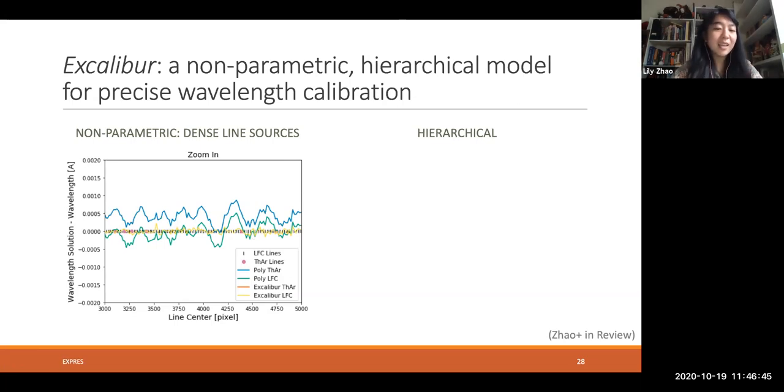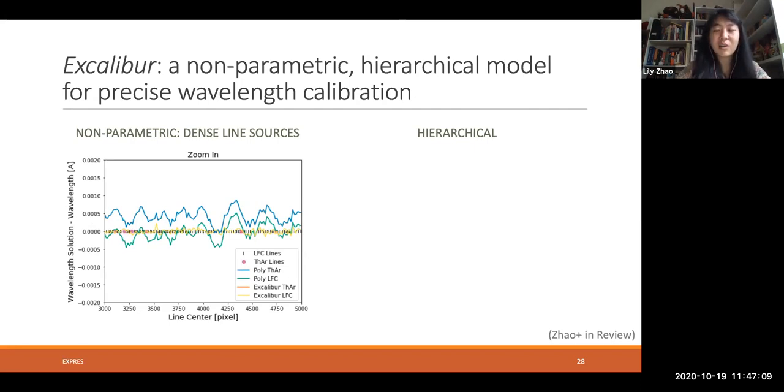So you're not really getting anything out of your LFC by fitting it to a polynomial. And the LFC, not the thorium-argon, is good enough to constrain a non-parametric model and allow the flexibility it needs to fit the wavelength solution better. So now that we have denser line sources, it's really the time for us to move to a non-parametric framework for wavelength calibration.